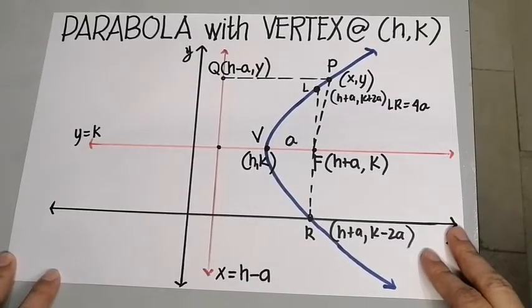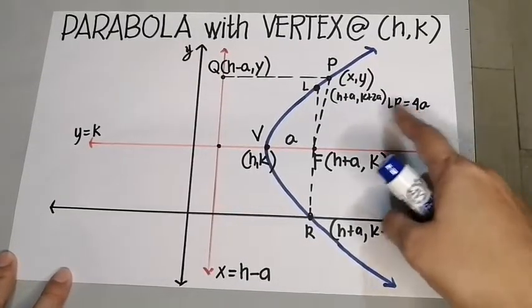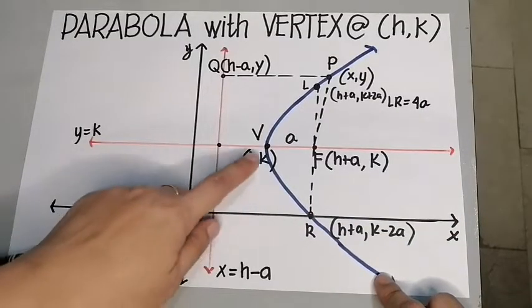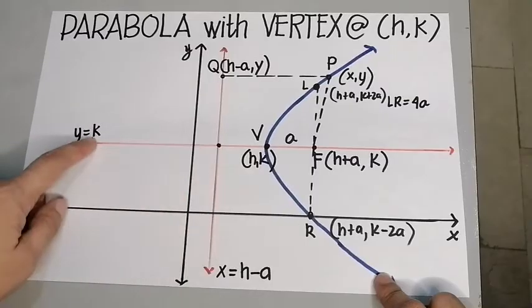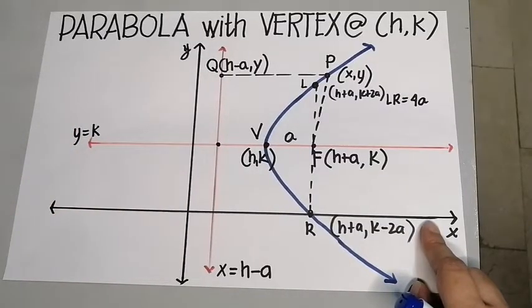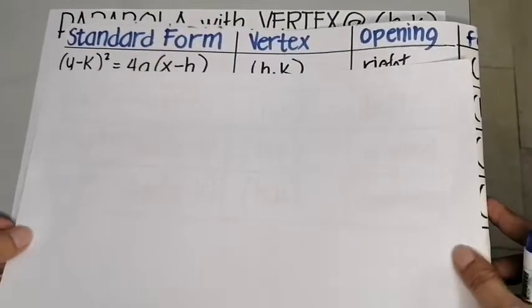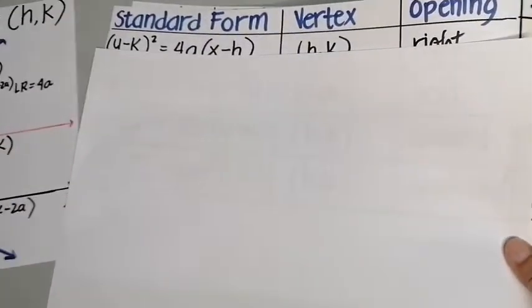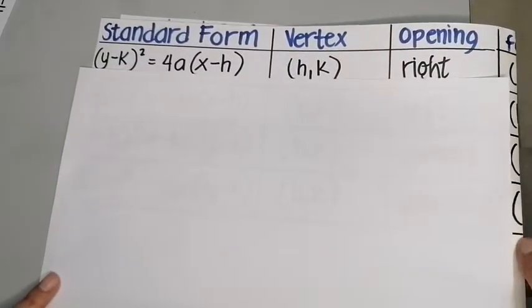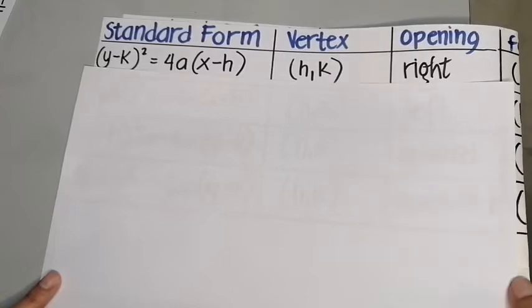In the video that I have uploaded, we derived that the equation of the parabola with vertex at (h, k), axis parallel to the x-axis, has the standard form (y minus k) quantity squared equals 4a times the quantity (x minus h).